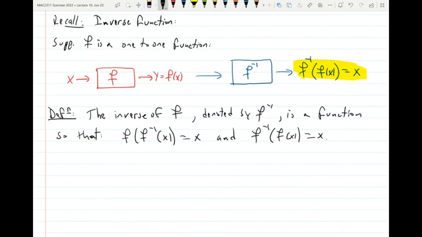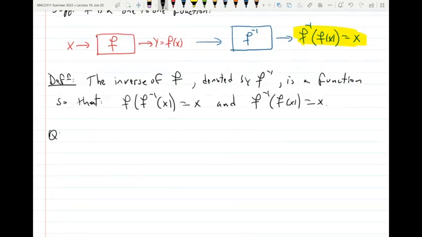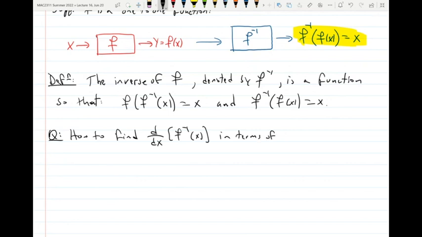Now, as you can see, if you want to find out the derivative of an inverse, we can actually express the derivative of the inverse in terms of the derivative of f using chain rule. Because it's a composition, we can take advantage of that. Okay? So the question that we want is how to find the derivative of the inverse function in terms of the derivative of the original function.